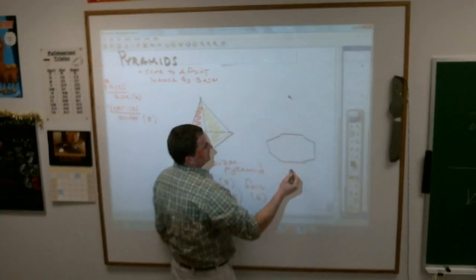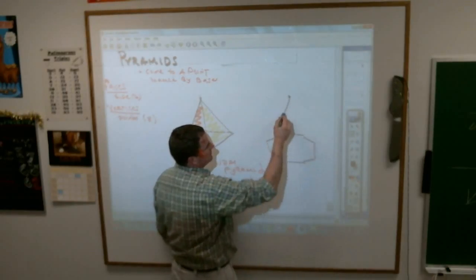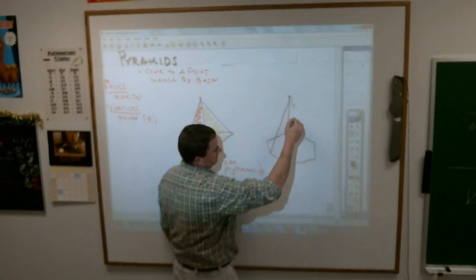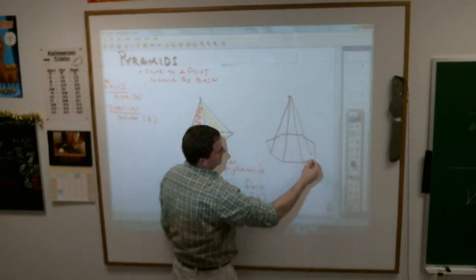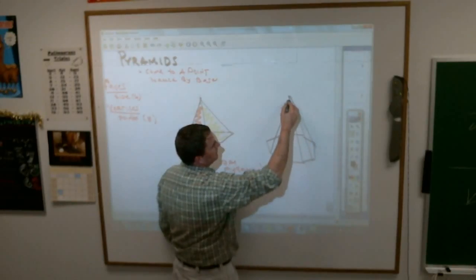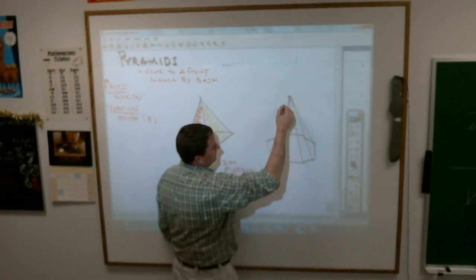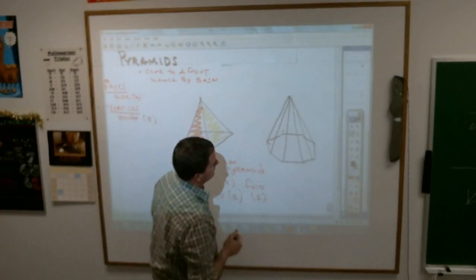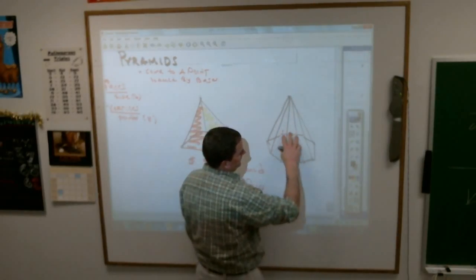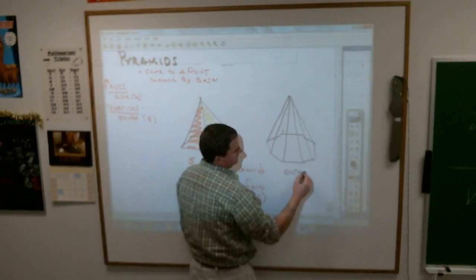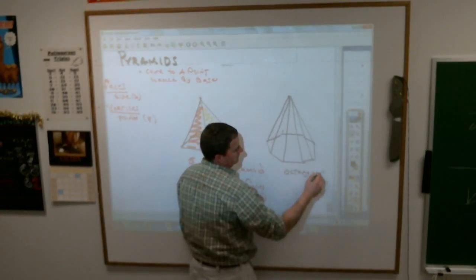Put your point up there and connect that to all the sides. You kind of get something like that. Octagonal pyramid.